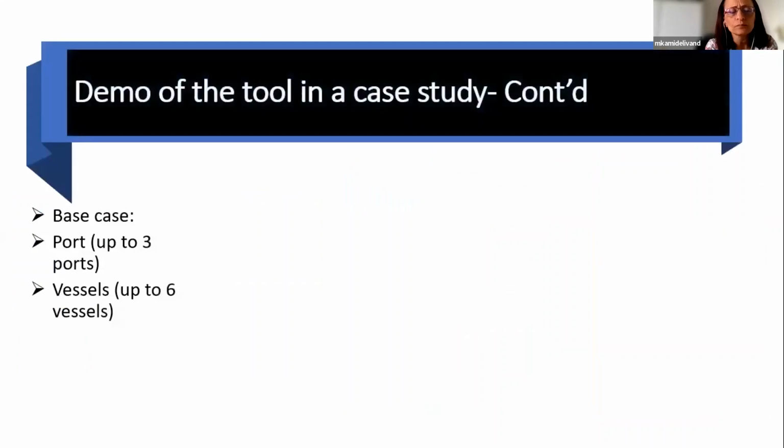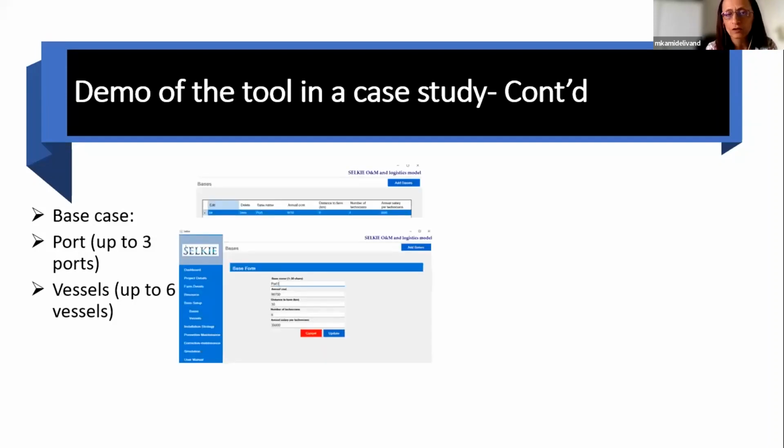The next input into the model is to identify the base case. Base case is the port facilities which support the O&M operation. The model is limited to defining just 3 ports in this tool.